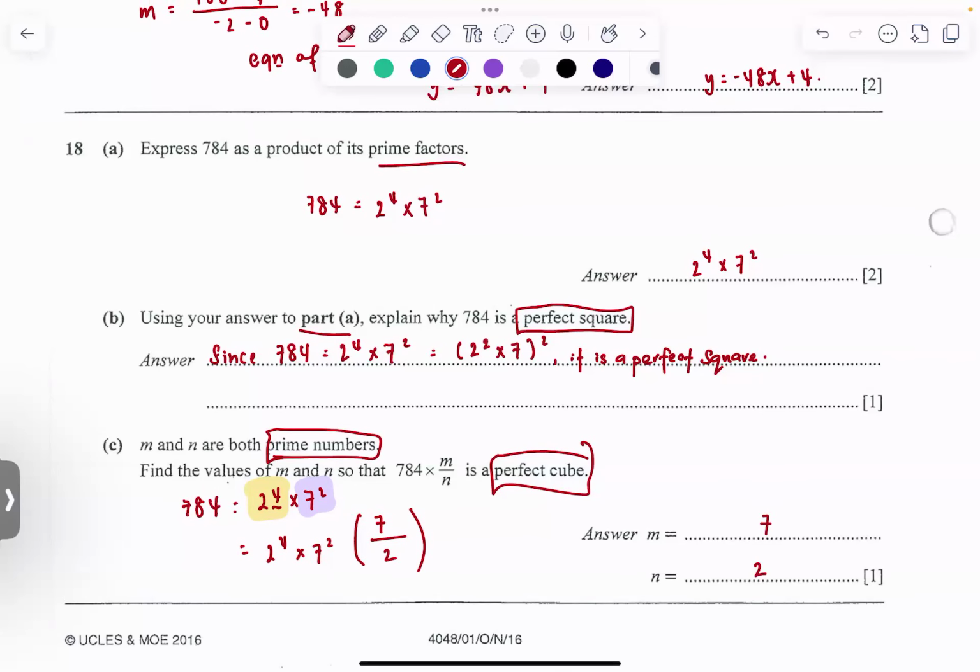This is testing you on indices laws, because if I divide the term by 2, I'm just minusing the indices. Similarly, if I multiply it, I'm adding the indices.